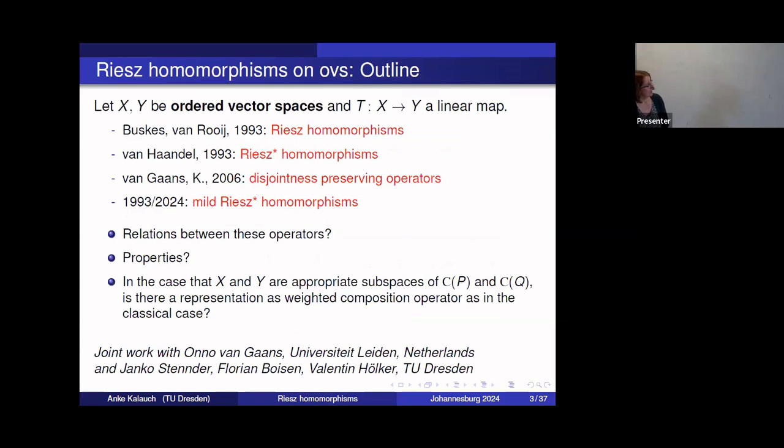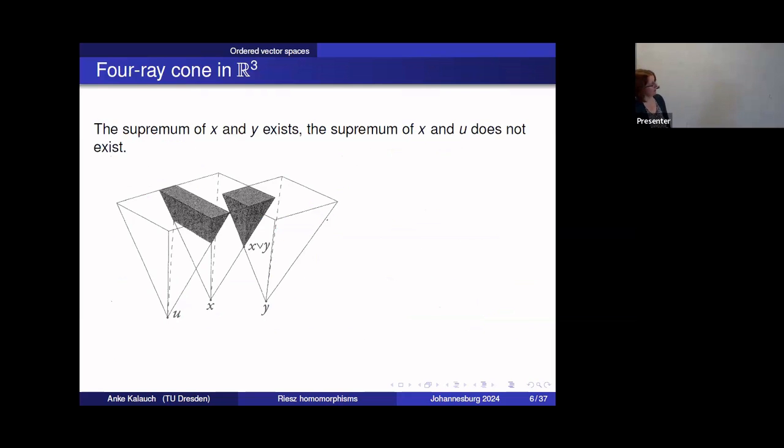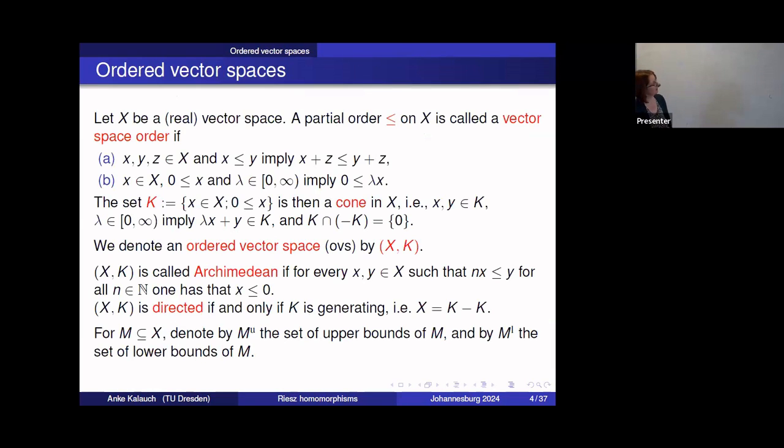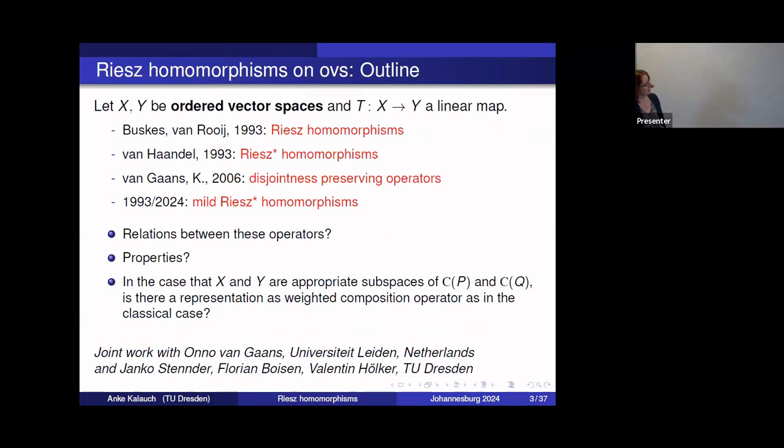Since the 90s, there were several efforts to extend this notion of Riesz homomorphisms to the more general case of ordered vector spaces, so spaces which still have a partial order that fits the vector space operations, but lack the lattice property.